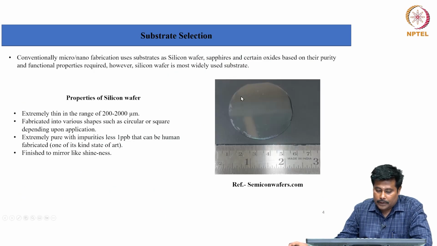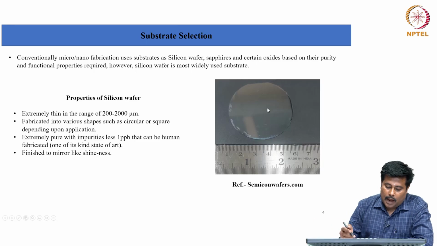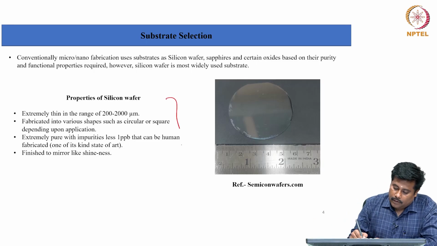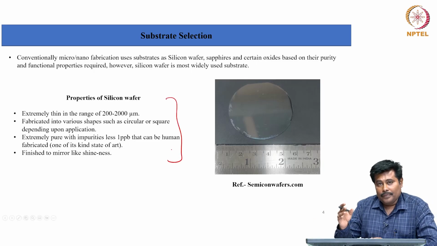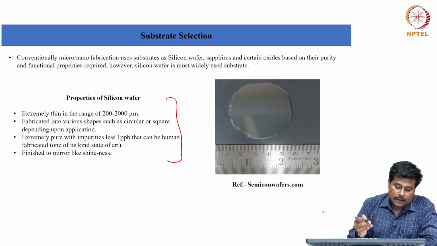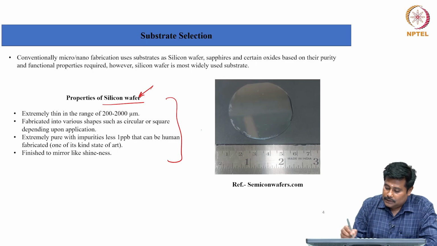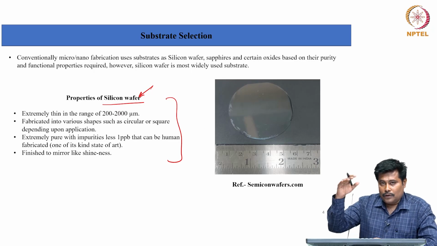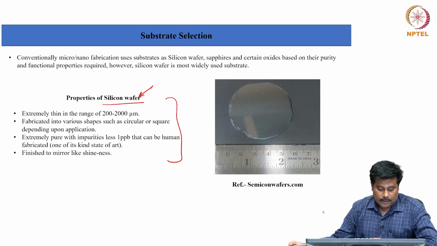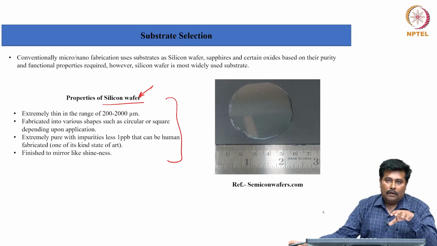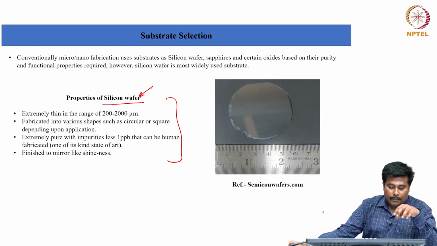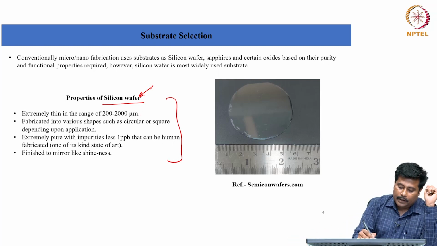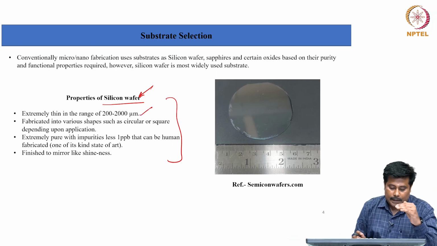Before going into this, we have to understand the overall functionality of the substrate we are using. One of the key substrates is a silicon wafer. This is the overall photograph of a silicon wafer which is used for growing certain layers. The overall functionality of the growth depends upon the thickness of the silicon wafer.